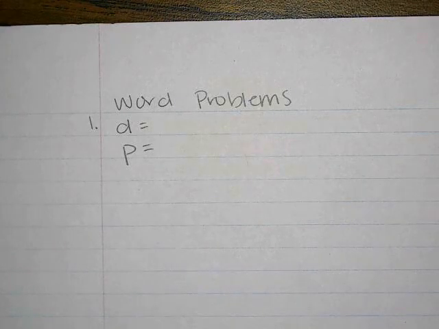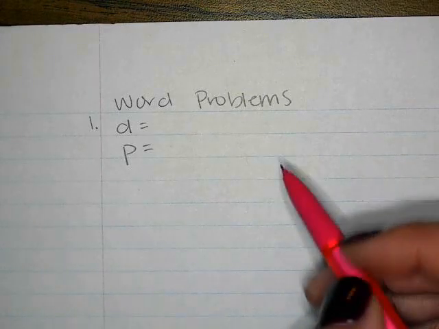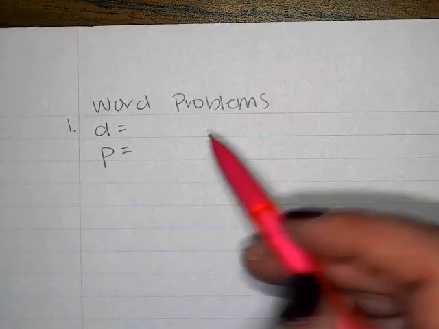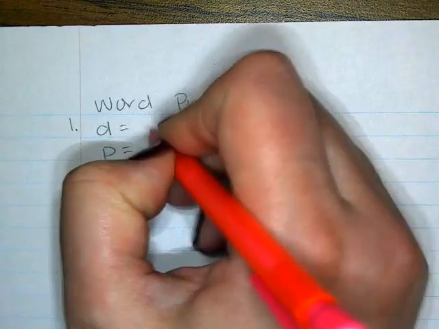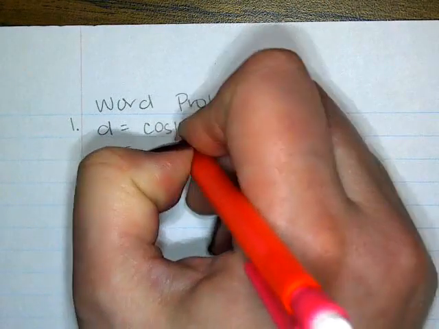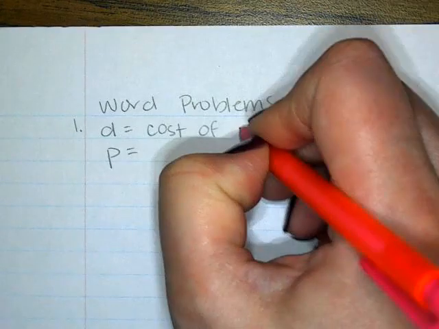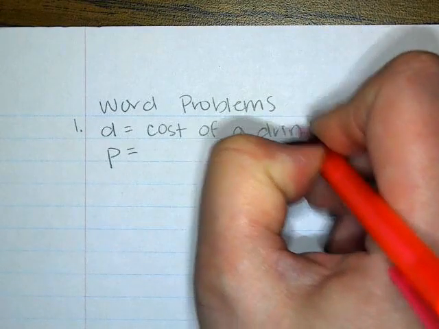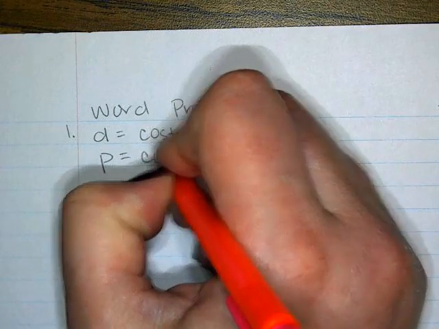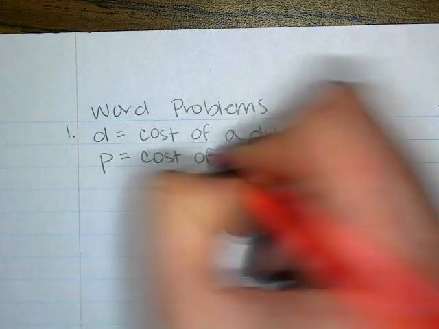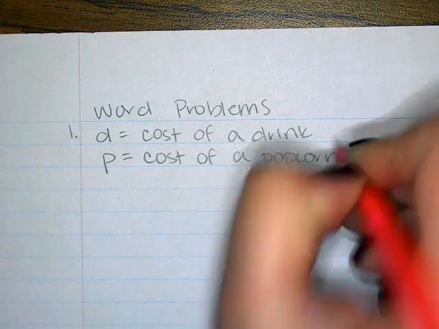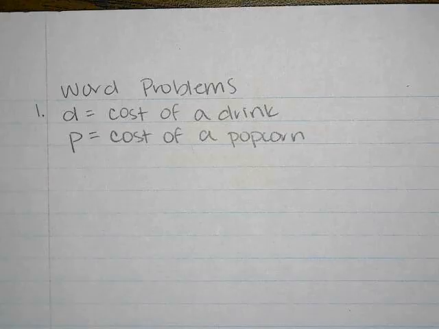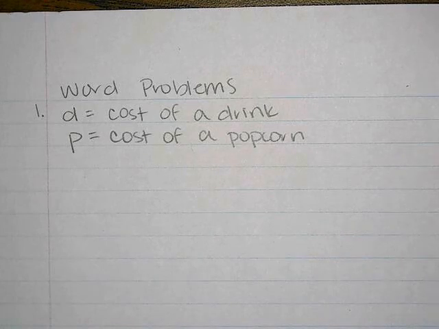So here, the D value is for, if you look down at the question, how much is a fountain drink? So D is the cost of a fountain drink. And P is the cost of a bag of popcorn. Sometimes it's the cost, sometimes it's the number of that item, but it's really good to keep track of what it is specifically that you're finding.